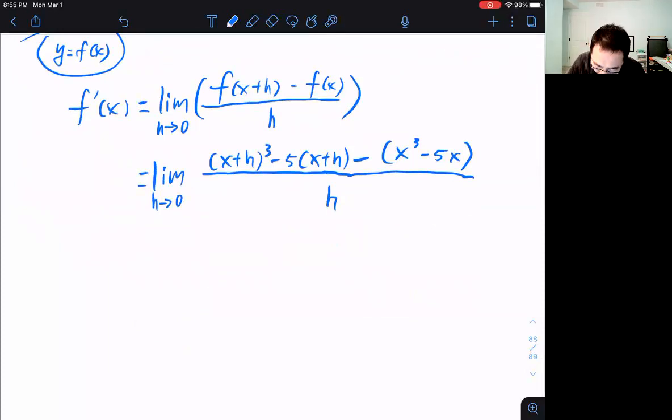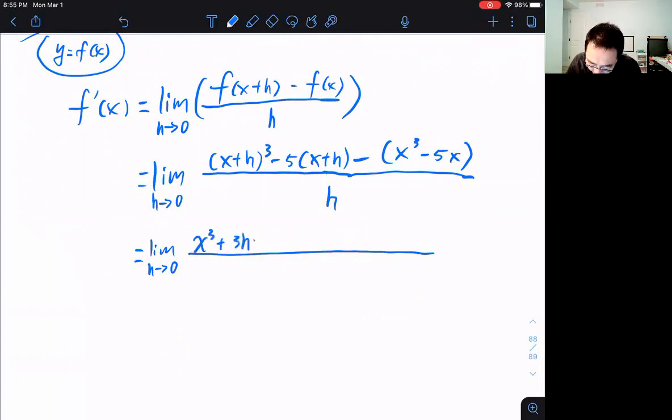So let's then expand everything out, okay? So we know x plus h cubed equals x cubed plus 3h times x squared plus 3h squared times x plus h cubed.